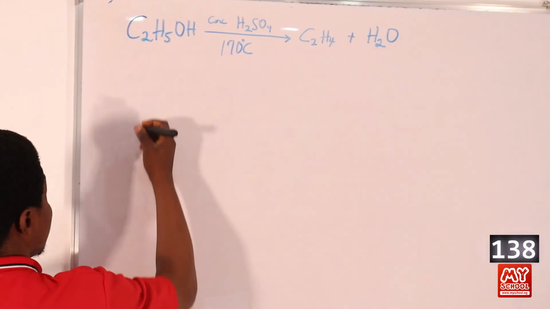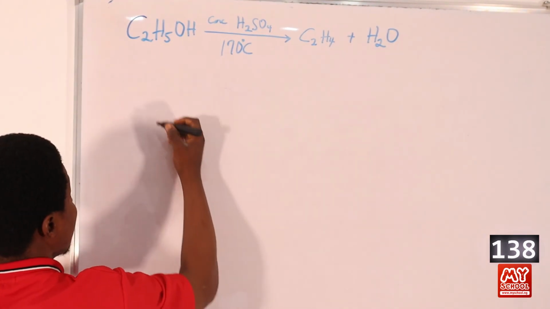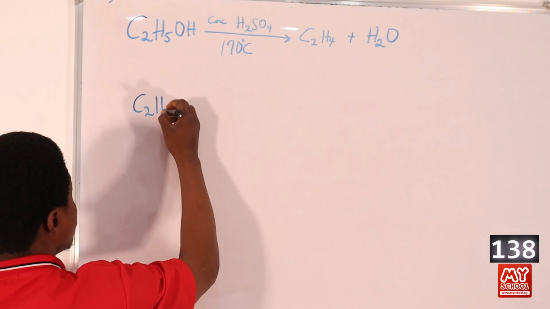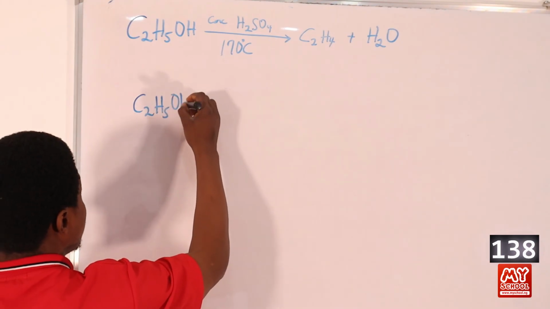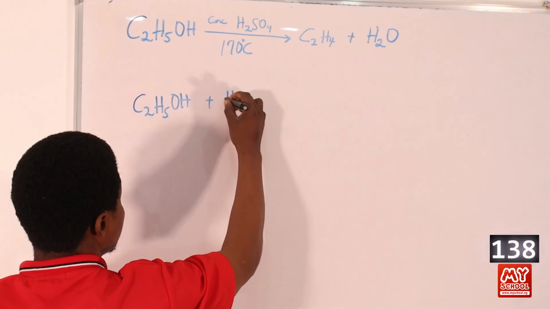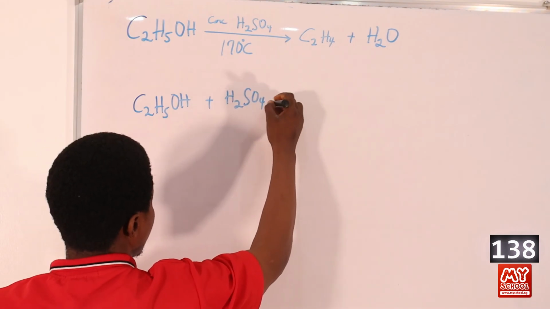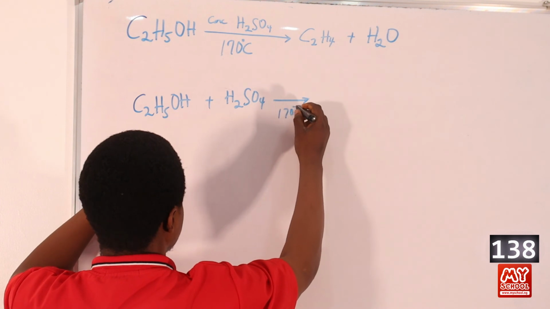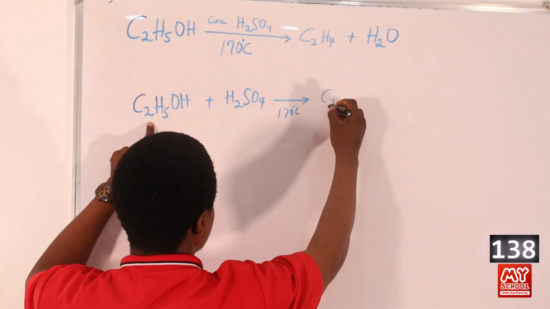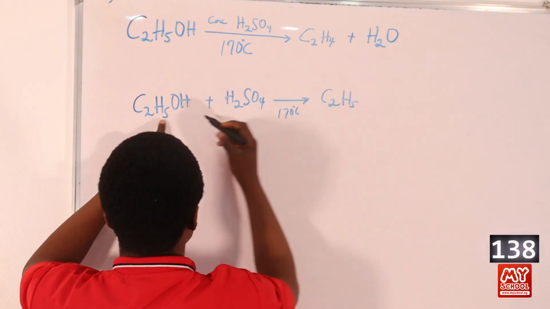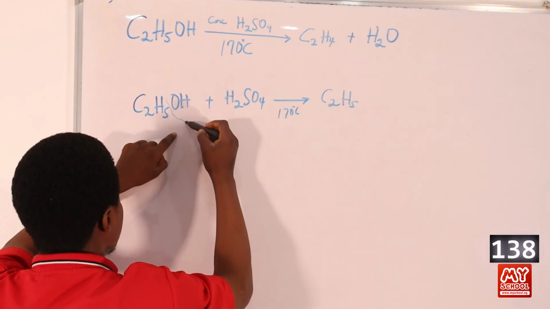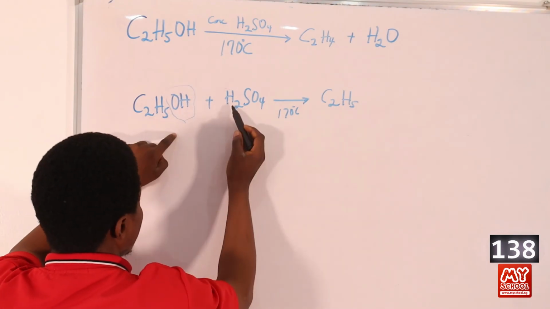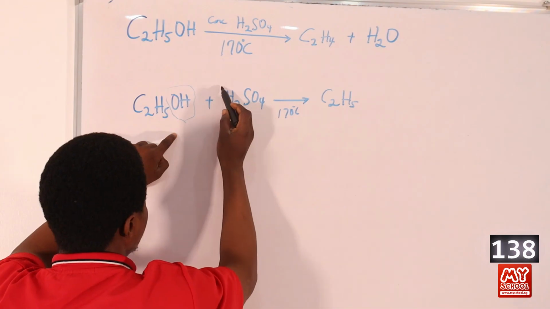Let's look at the mechanism of the reaction. We have C2H5OH here, reacting with H2SO4, of course at a temperature of 170 degrees Celsius. We have C2H5 first. Now, this OH here reacts with 1 hydrogen from here.